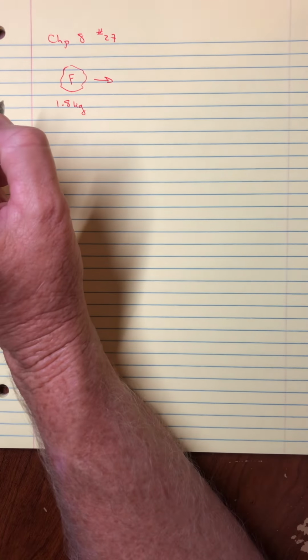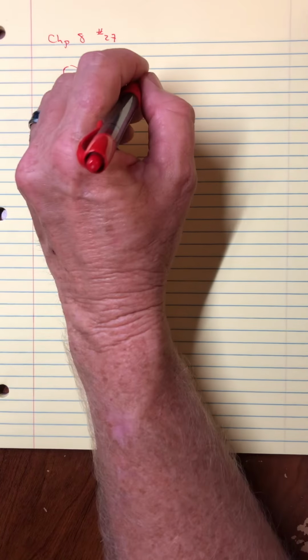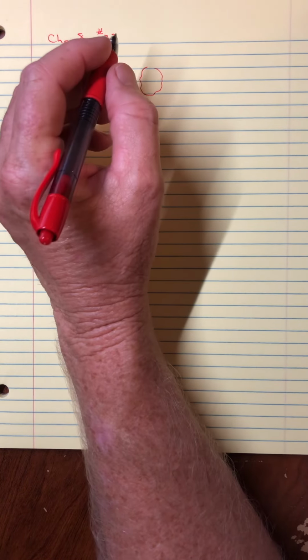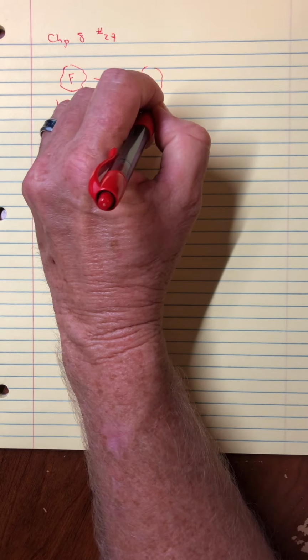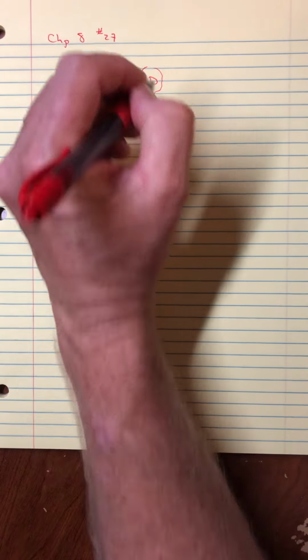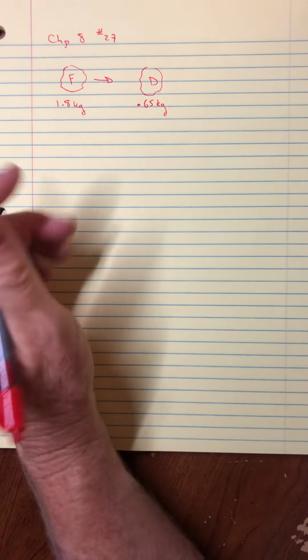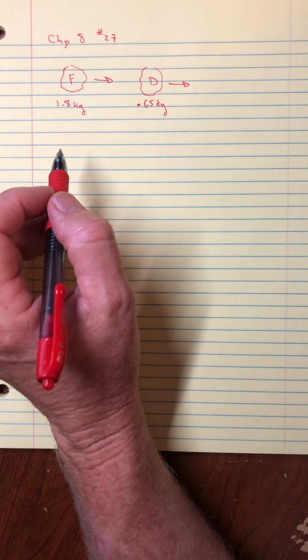And it is going to be flying faster. I'll keep reading to see how fast it's flying. But it sounds like, because it says here, it catches a 0.65 kilogram dove, so I'll put D for dove, from behind in midair. So this tells me the dove's kind of racing away. So we got predator and prey here.